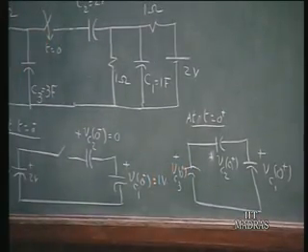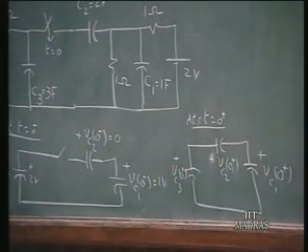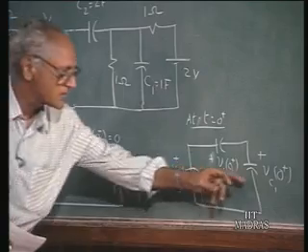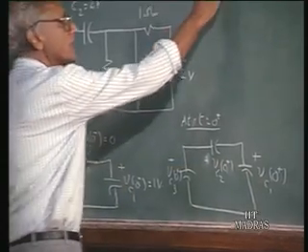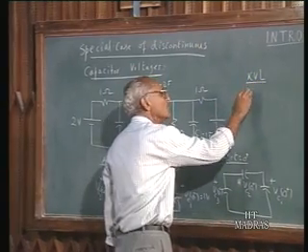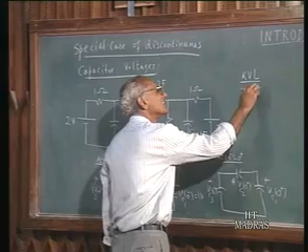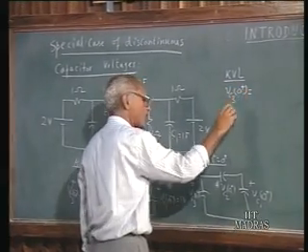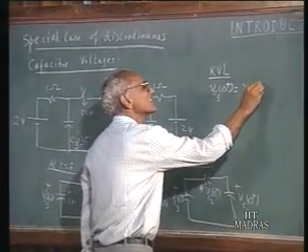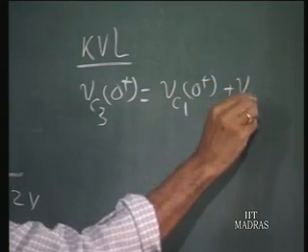So we have a new regime at t equals 0 plus: Vc3 0 plus, Vc2 0 plus, and Vc1 0 plus. Kirchhoff's voltage law tells us Vc3 0 plus equals Vc1 0 plus plus Vc2 0 plus.